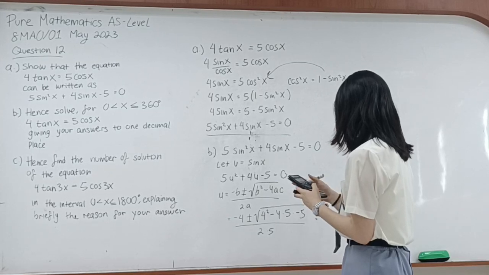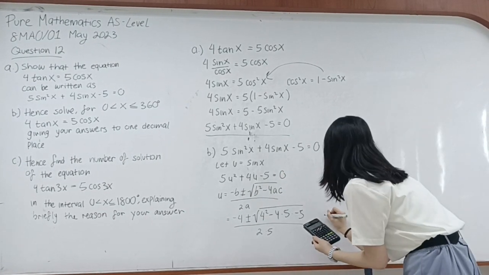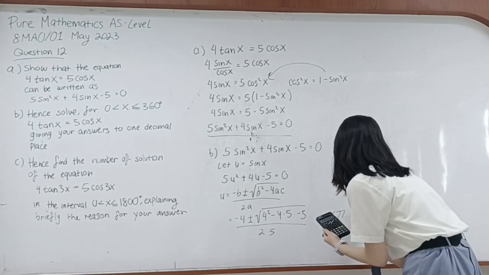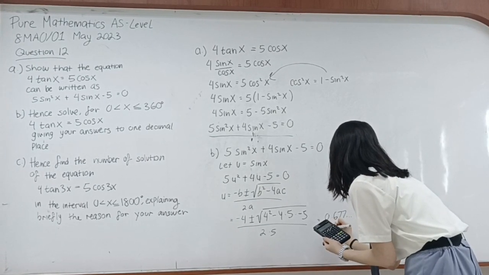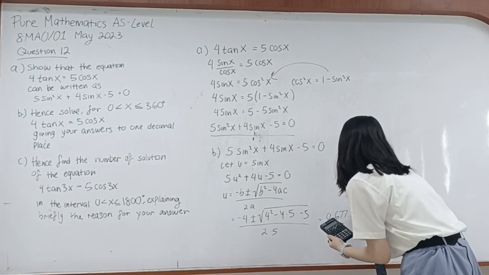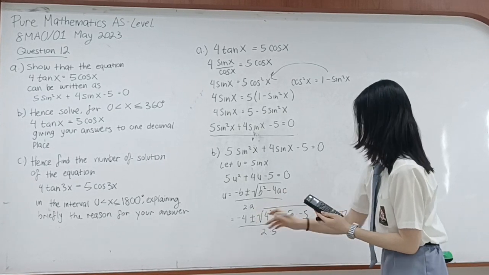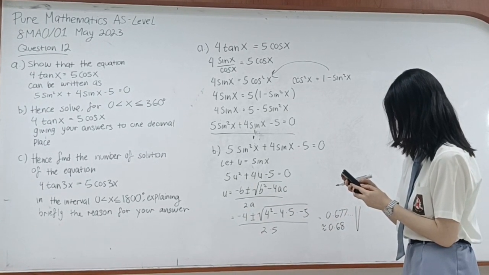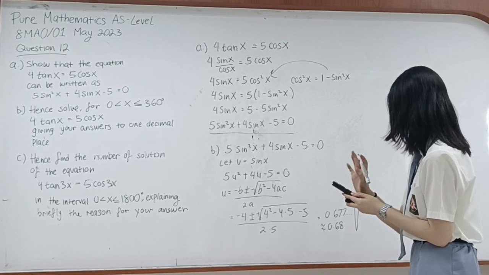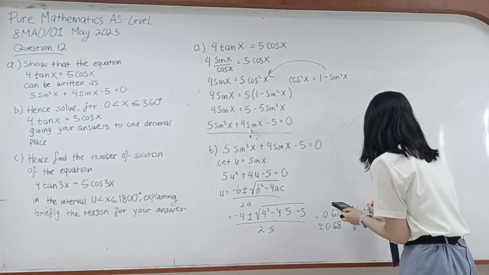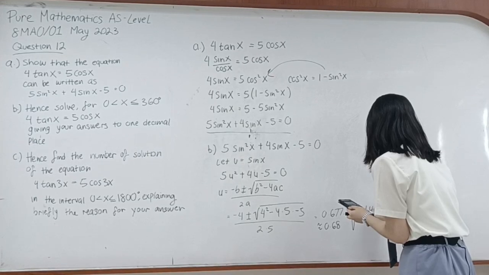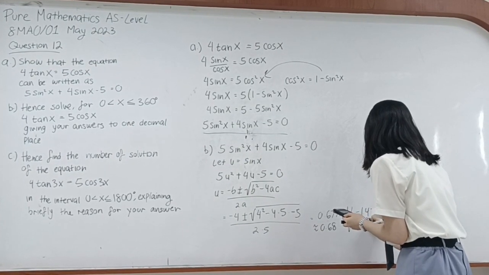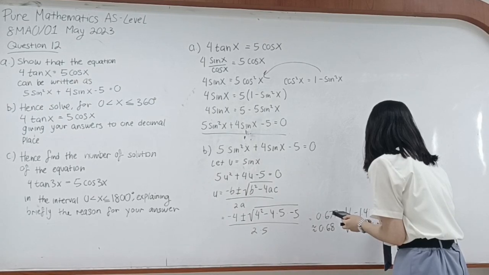So our first value would be 0.68, and the second is minus 1.48.